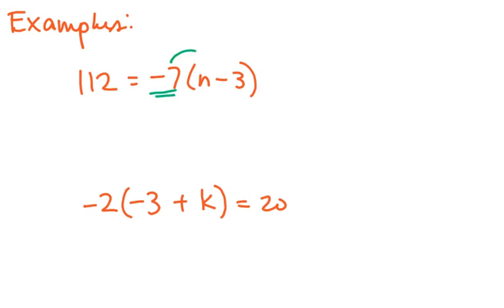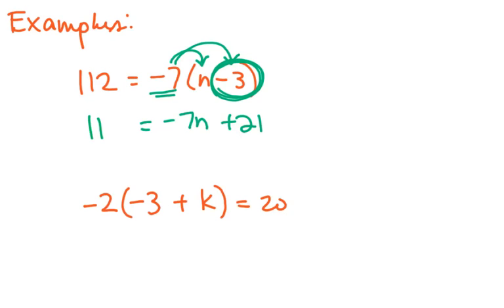So we're going to take this -7, and we're going to go ahead and multiply that. So -7 times n is -7n. -7 times, you have to be careful here, -7 times a -3 is a positive 21, and that equals 112. When we go ahead and subtract 21 from this, we get -91.